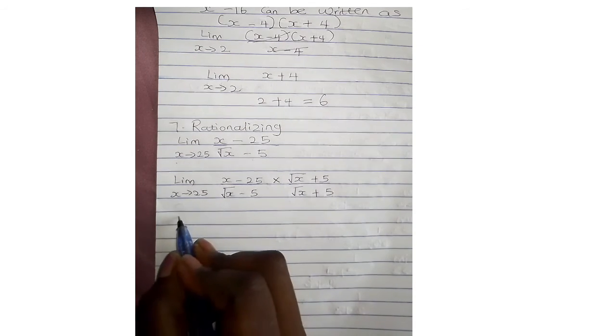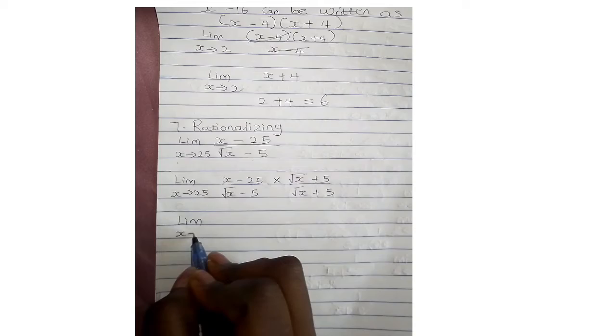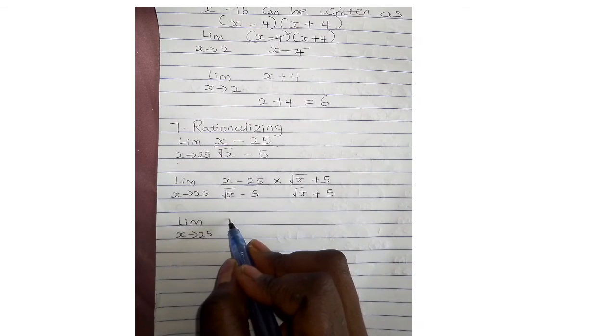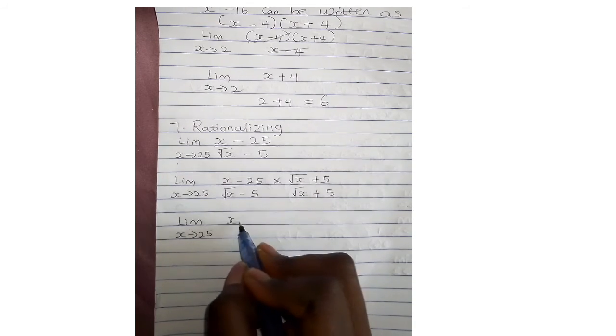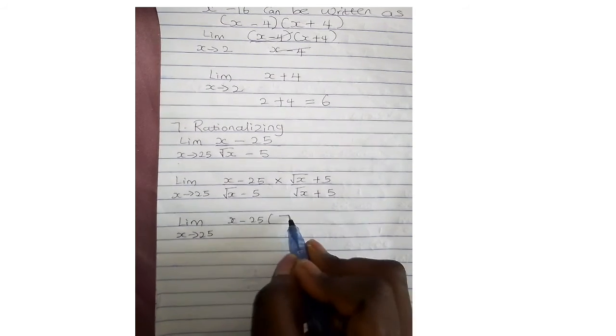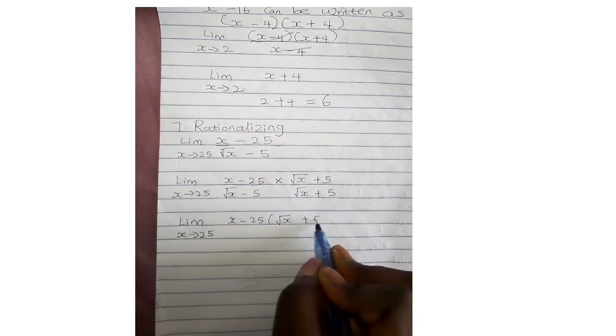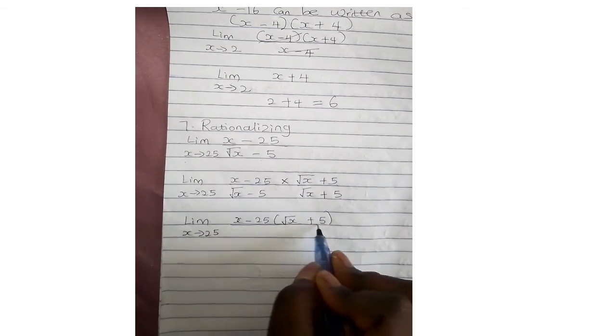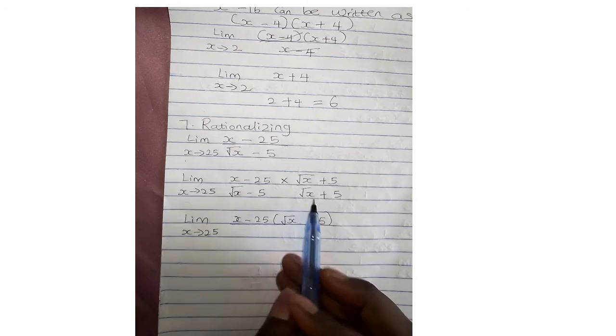When we continue and multiply both of them, we're going to have something like this. The root of x times the root of x is going to give us just x, since the roots cancel each other.